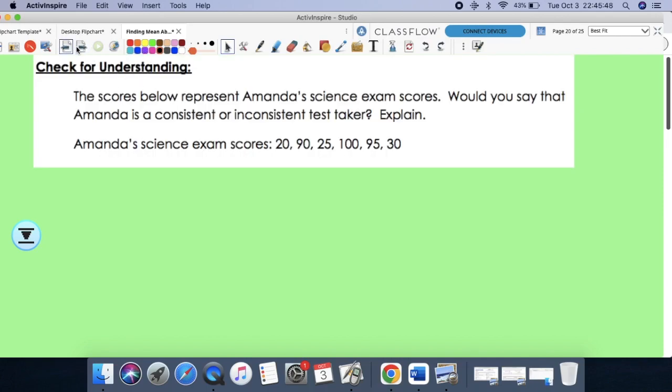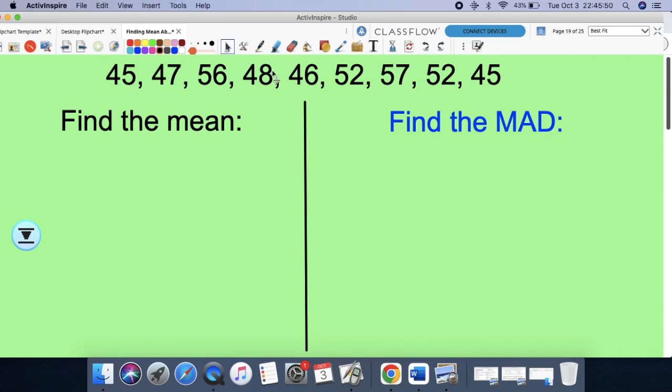All right, so problem 1, number 1, find the mean. So first we have to add all these numbers. Take the calculator and add 45 plus 47 plus 56 plus 48 plus 46 plus 52 plus 57 plus 52 plus 45. Enter. We have 448. We're going to divide by 1, 2, 3, 4, 5, 6, 7, 8, 9.